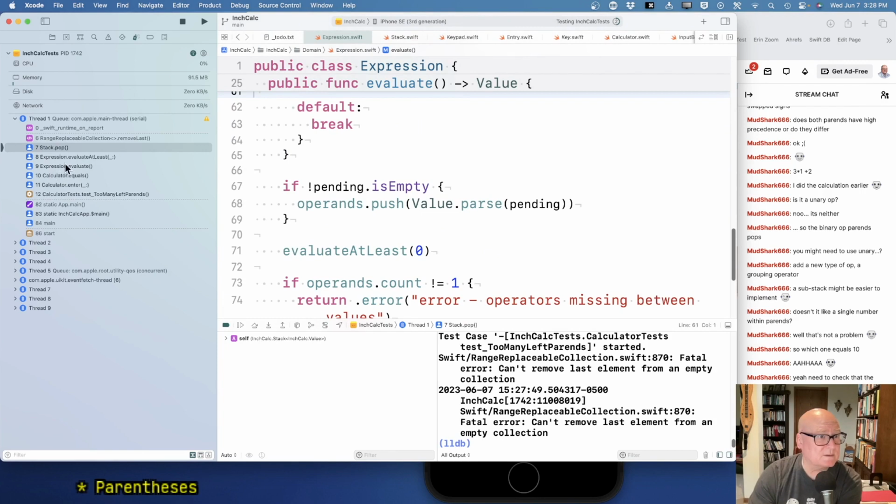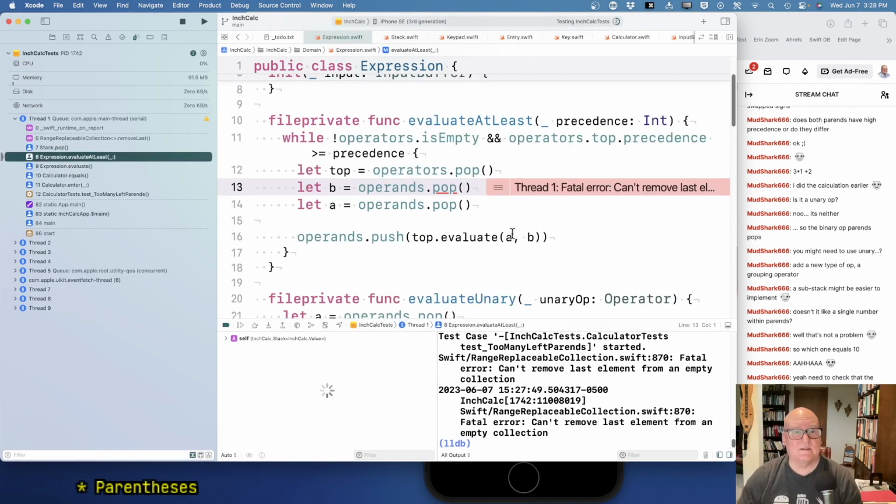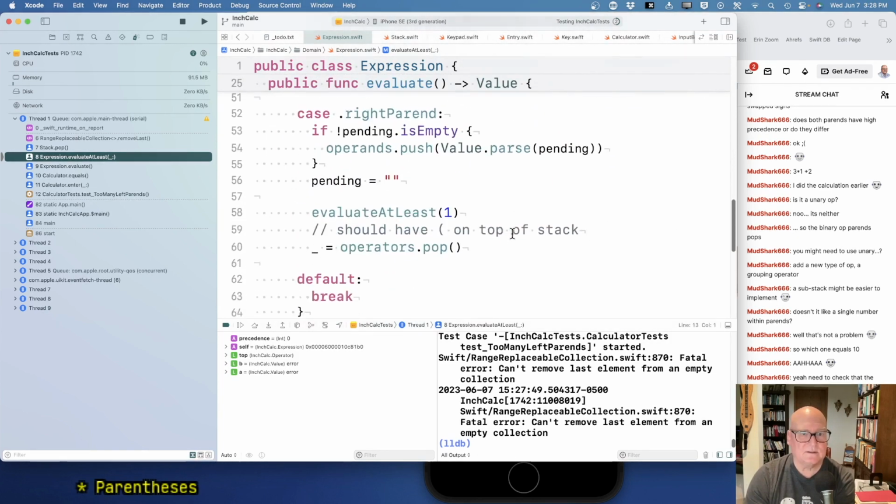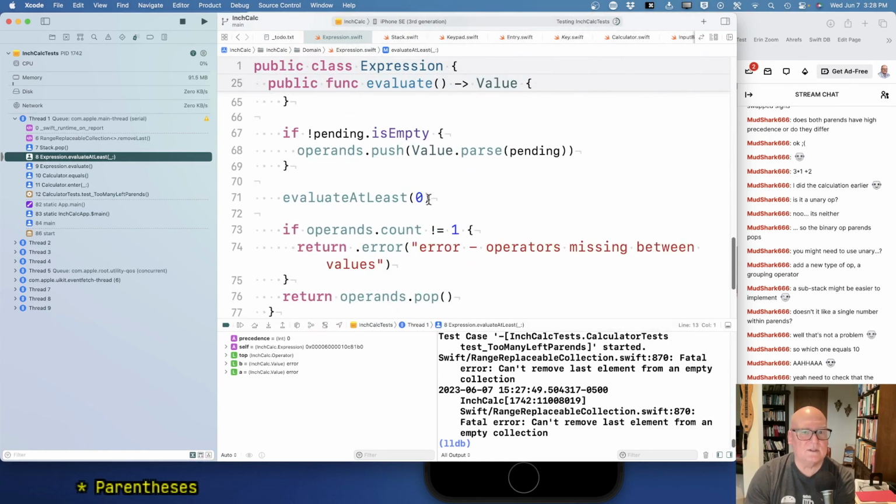Let's see where this is coming from. Evaluate at least. Oh, I think at the end we call evaluate at least. This should probably be 1.